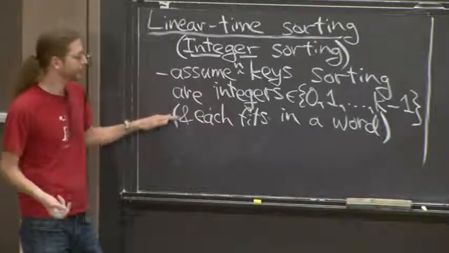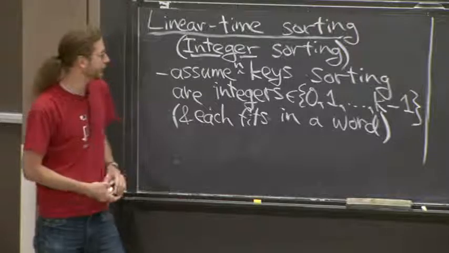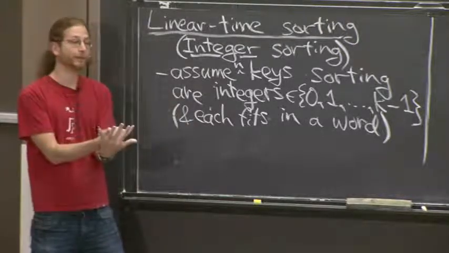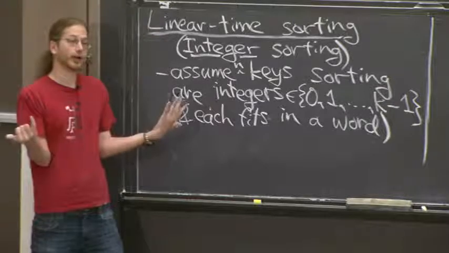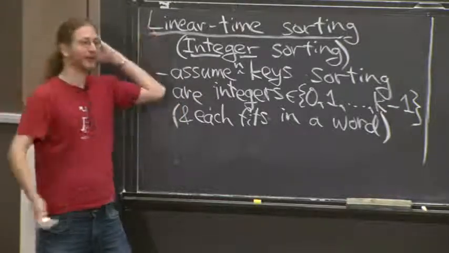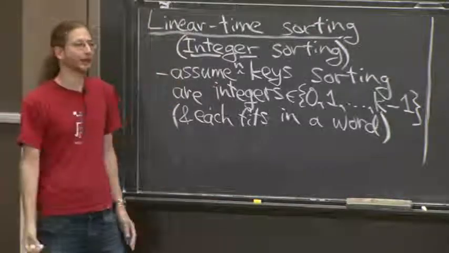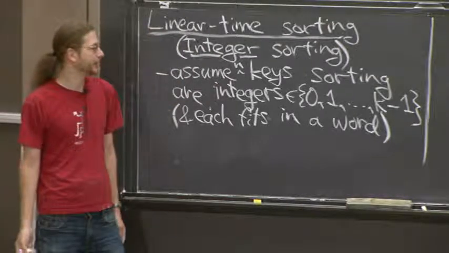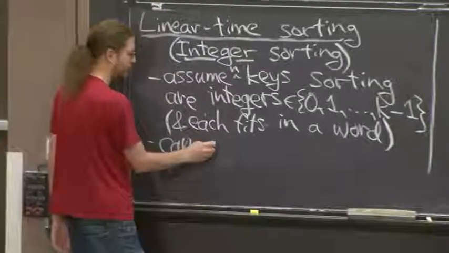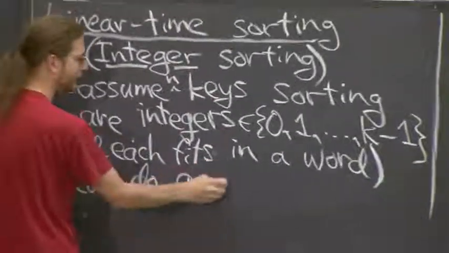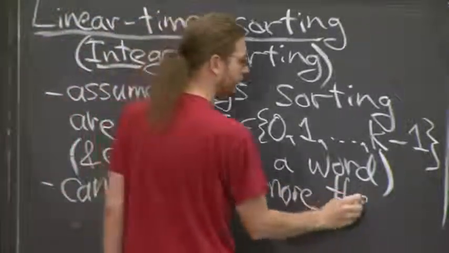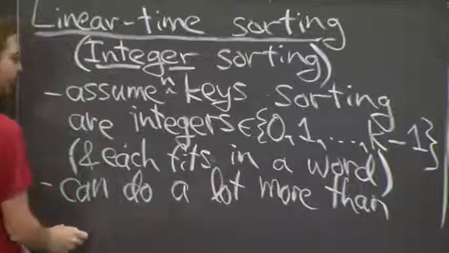We usually don't state this assumption, but I thought I'd throw it in just for kicks. So we've got a bunch of integers. Each one fits in a word. I could compare them. That takes constant time. Or I could add them, or subtract them, or multiply them, or divide them, or do whatever the heck I want. Okay, it turns out you can do a lot more than comparisons. And it turns out this will help us.